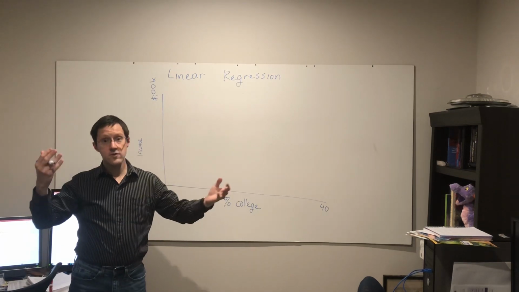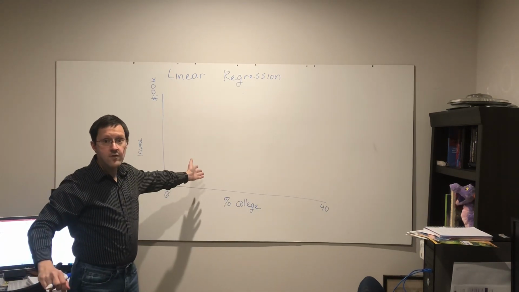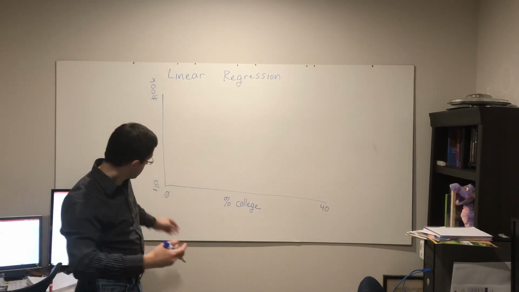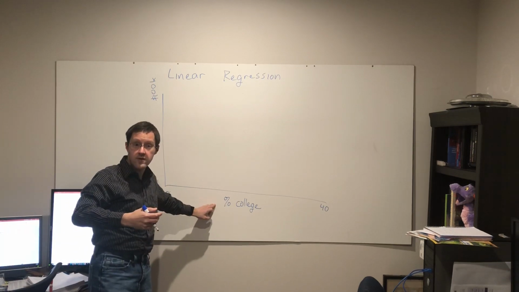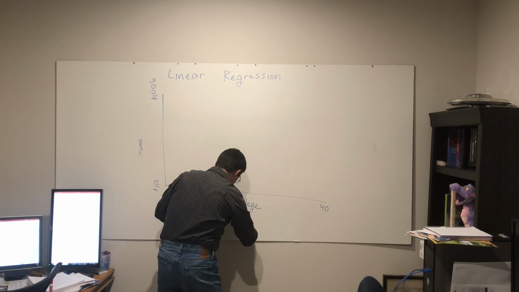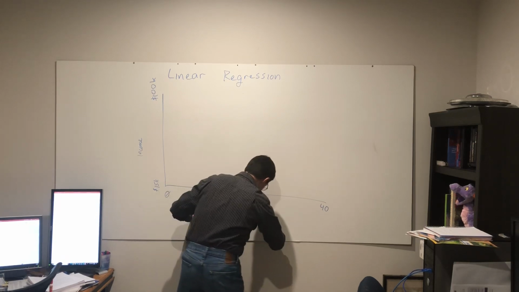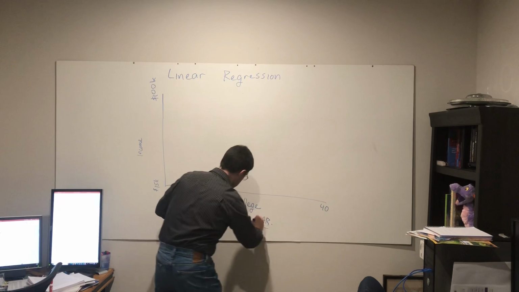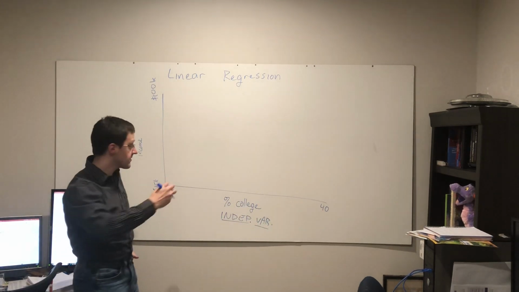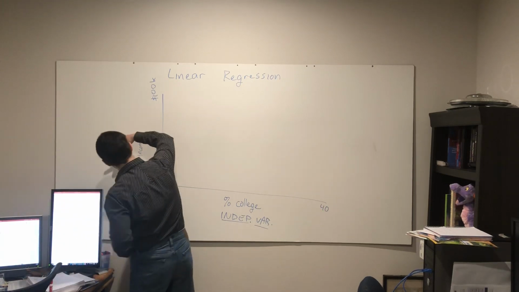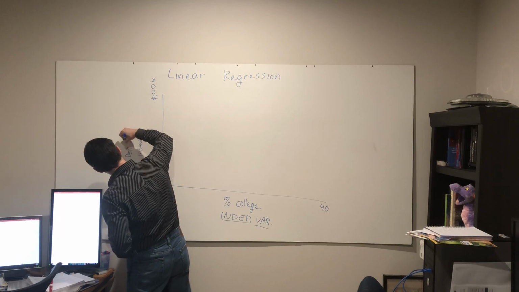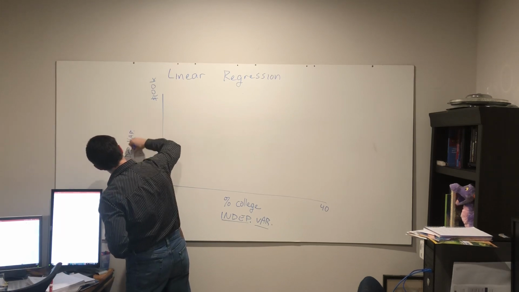So visually or graphically, the basis of regression can be illustrated in a scatter plot. Along the horizontal axis, the x-axis, we always have our independent variable, and the vertical axis, the y-axis, is always going to have the dependent variable.